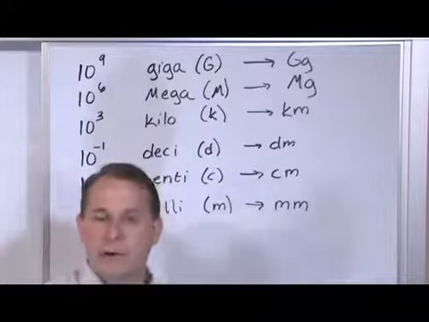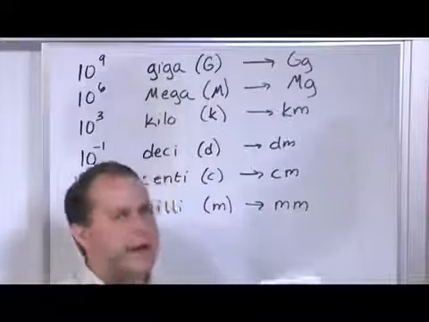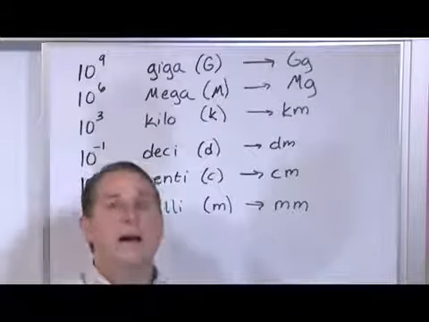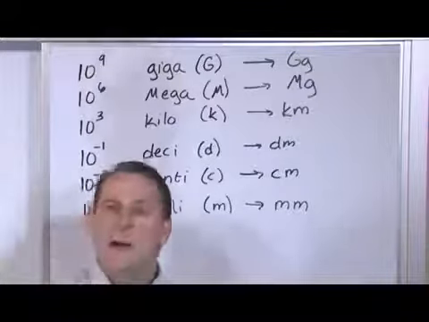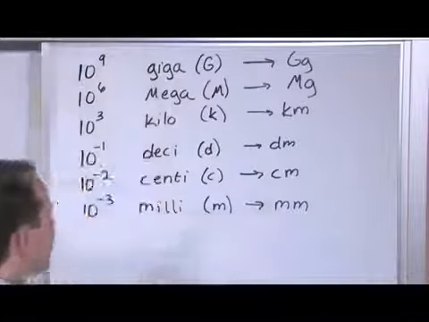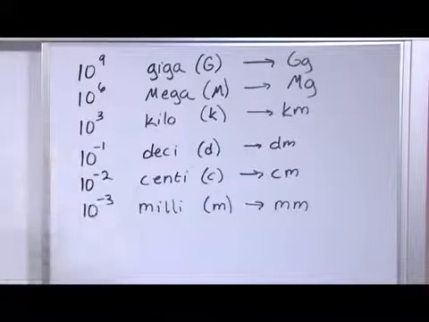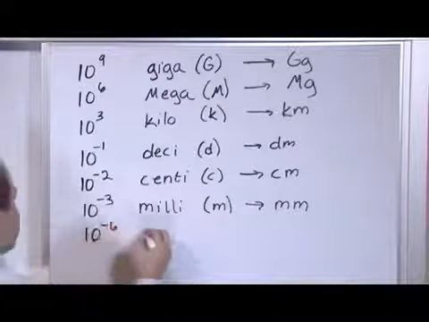When you're timing a swimmer, you might measure his results in milliseconds because you're really interested in how fast he crosses the line, right? So you might have the minutes, the seconds, and maybe the milliseconds after that, as a fraction of a second, right? So these things can be applied to any of the units. That's why we're talking about them here in general. If you go even smaller, you get to 10 to the minus 6, which is micro.